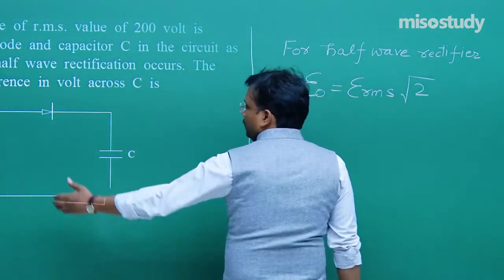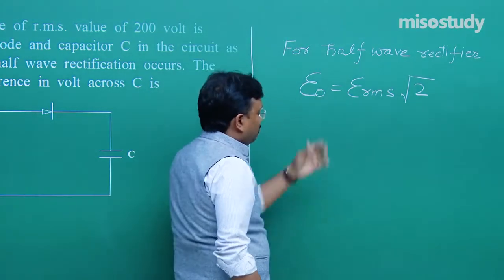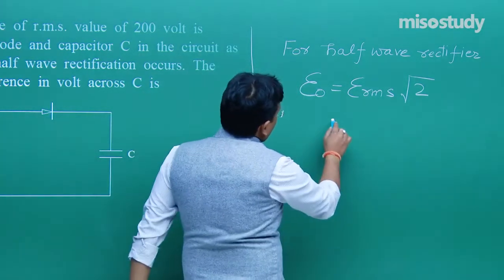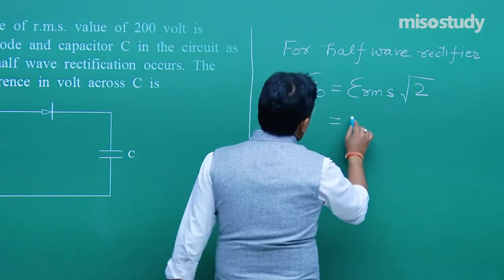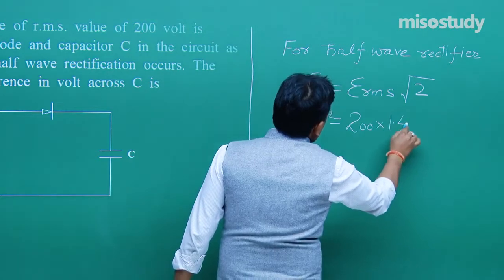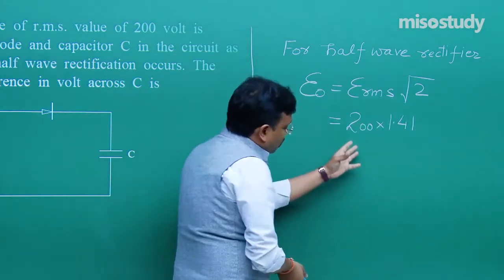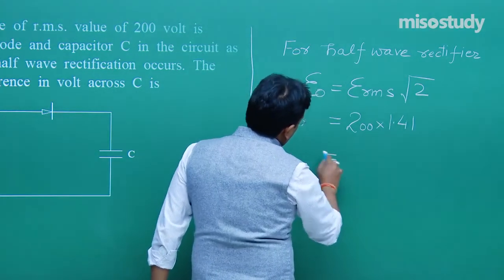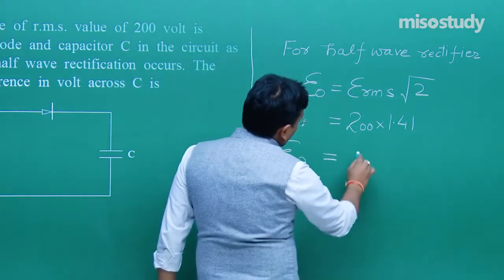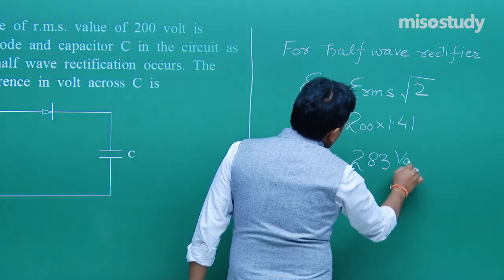Fine. E RMS value is given, the peak value you have to find out. Let us put the values over here. So it is 200 into 1.41, root 2. Once you multiply it and solve, you will get E naught as 283 volt.